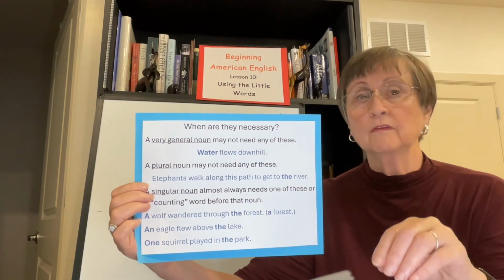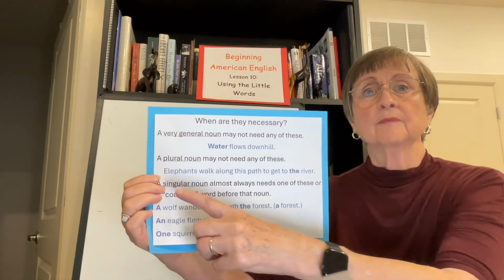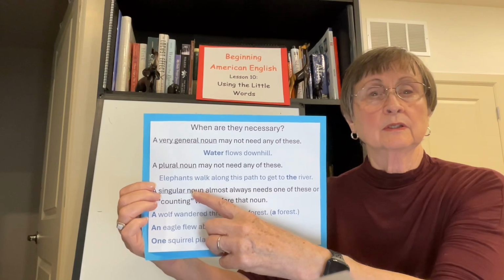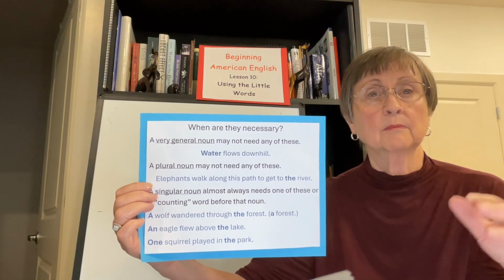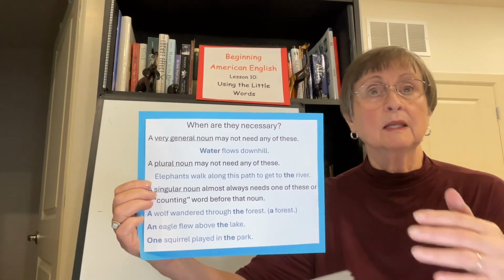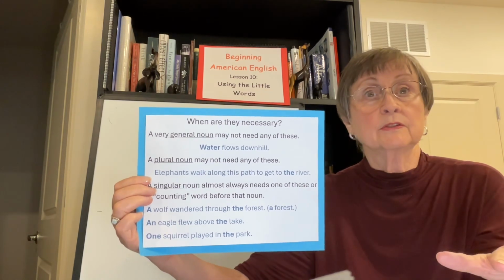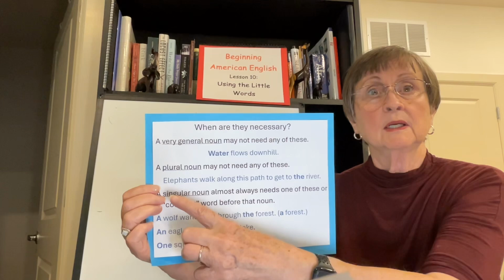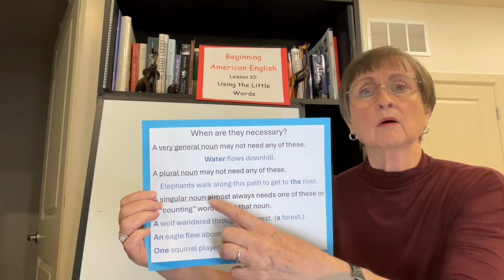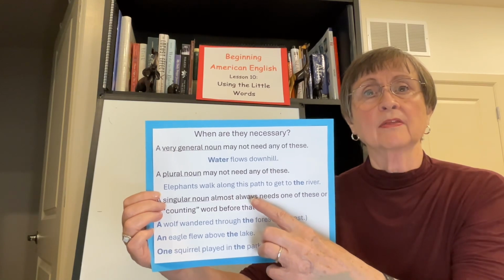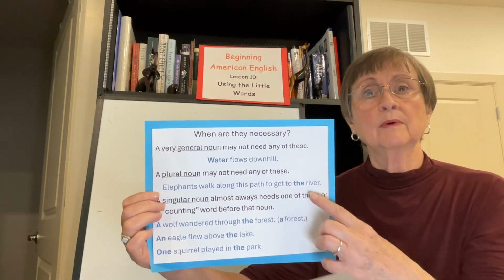This path, very particular path. And I'm just saying elephants because there may be no elephants right now. Maybe tomorrow, maybe yesterday, maybe later in the day, but not right now. There are no elephants. So I'm not referring to any specific elephants. So I just say elephants walk along this path to get to the river.